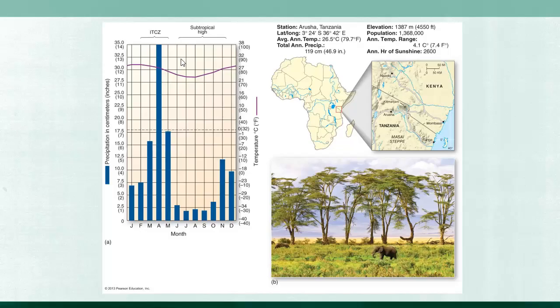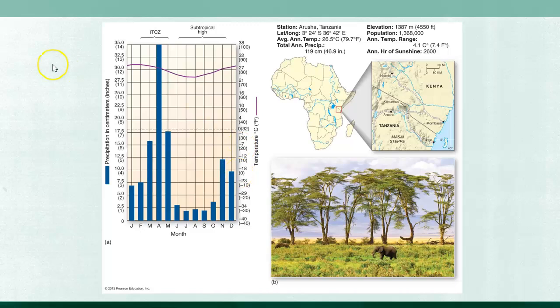Tropical savanna climates are known for this really big distinction between a wet season and a dry season. They still have very consistent temperature pattern. And as a result of that, we see a purple line that stays pretty close to the same because the quality of insolation is so high throughout the year.